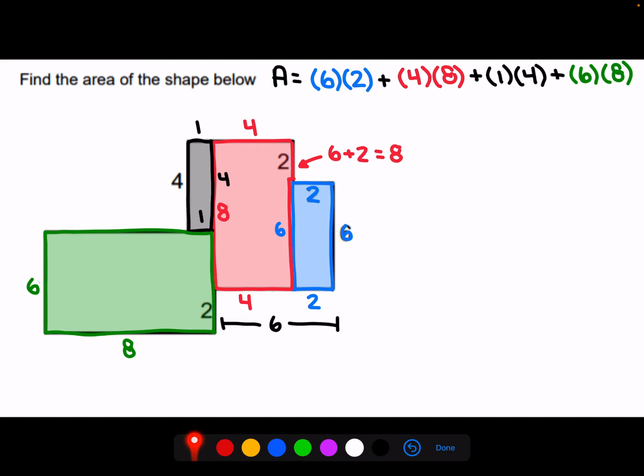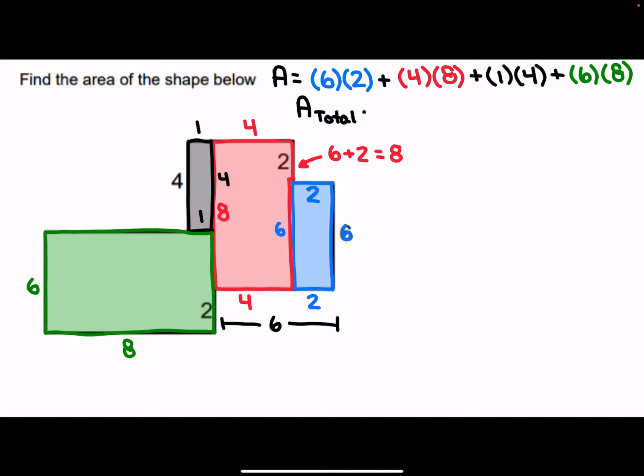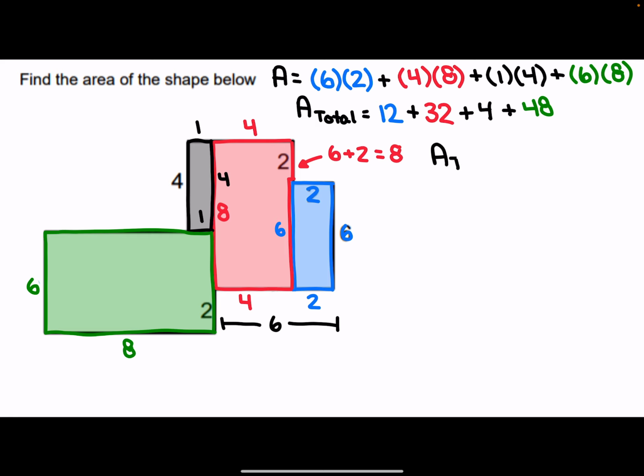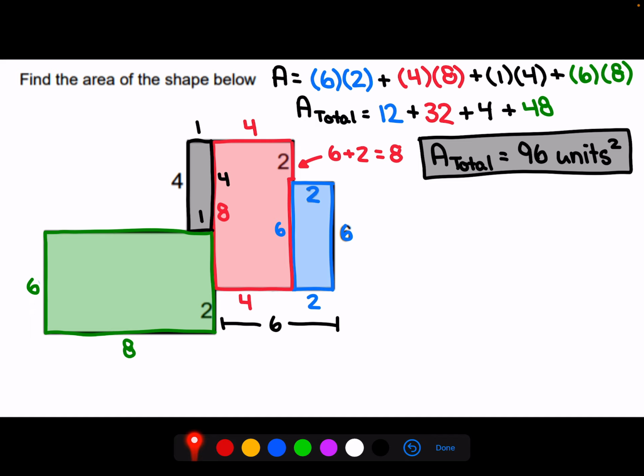Multiplying these out, this will give me 12 plus 32 plus 4 plus 48. 32 plus 48 will leave me with 80. 80 plus 12 is 92. 92 plus 4 is 96 units squared. And that's our final answer.